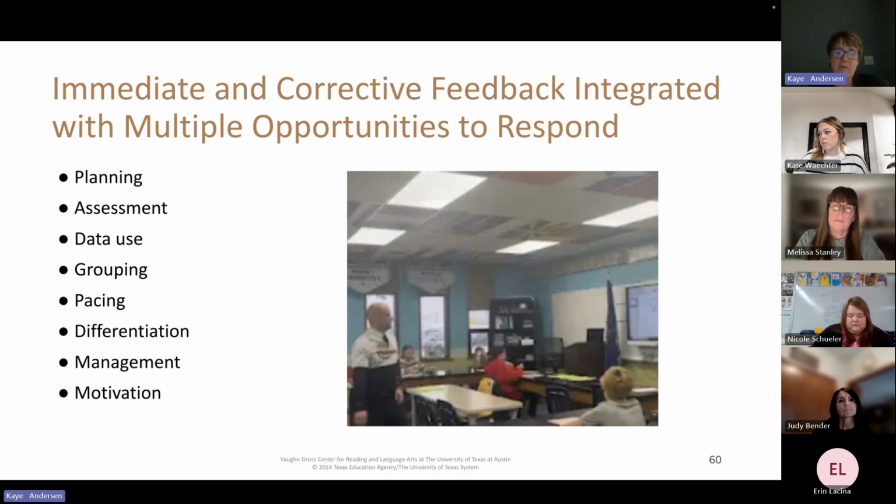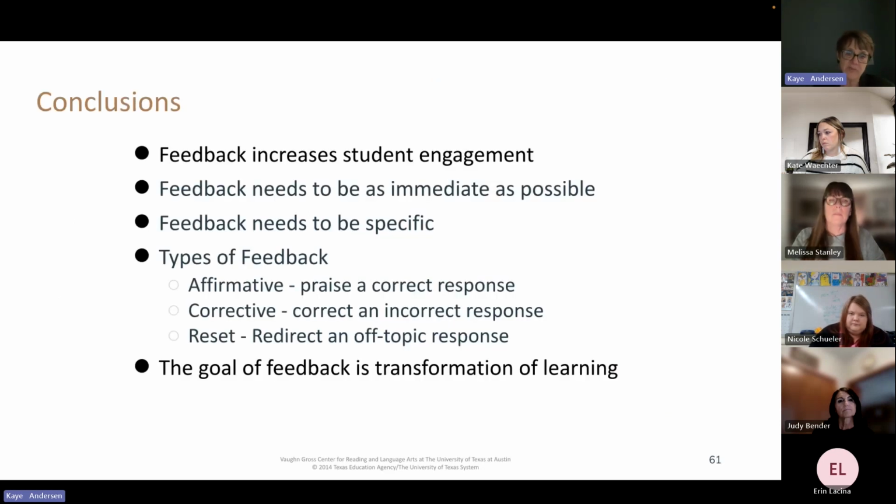And hands down, the goal of all of this is motivation. If they're having more success, it's going to lead to motivation and them doing more problems and having more success and achievement.